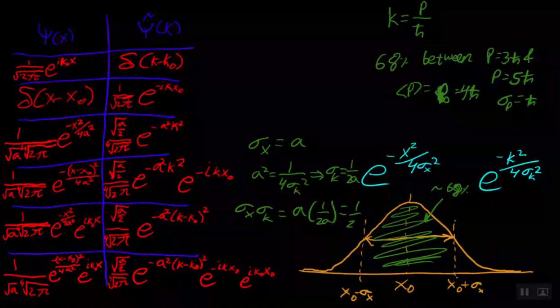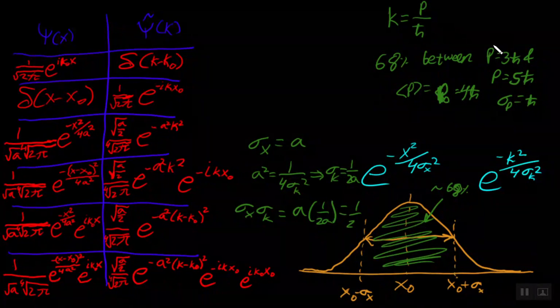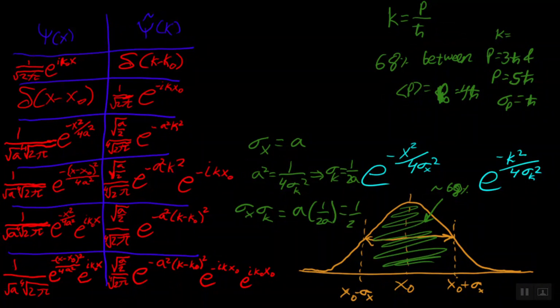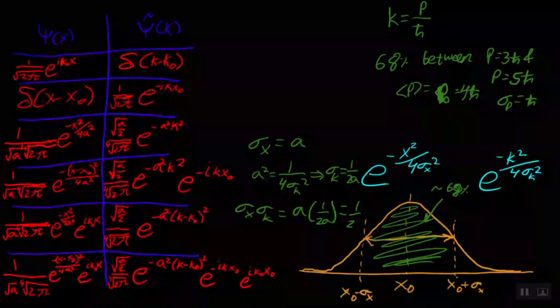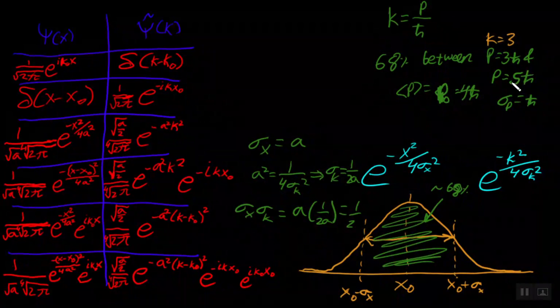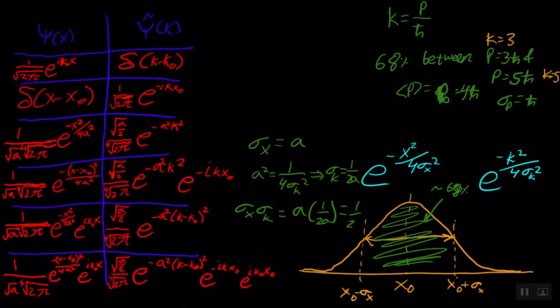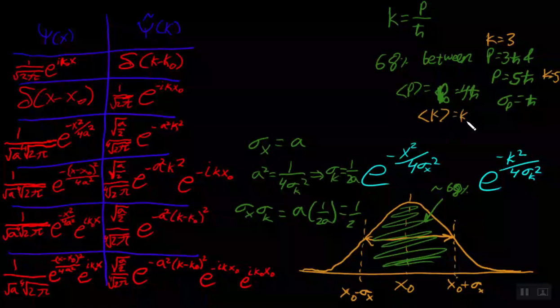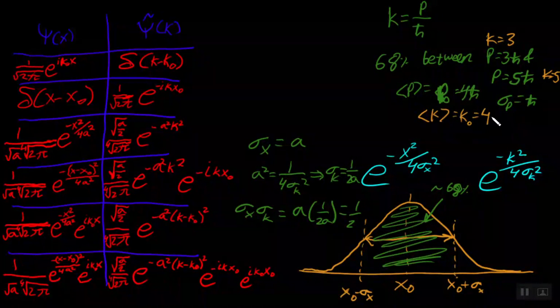And for this, if we were looking at k, well, if it's p equals 3ħ, it would be k equals 3, and so between k equals 3 and k equals 5. And so we would know that the expected value of k, which is k naught, would be 4, and σk would be 1.